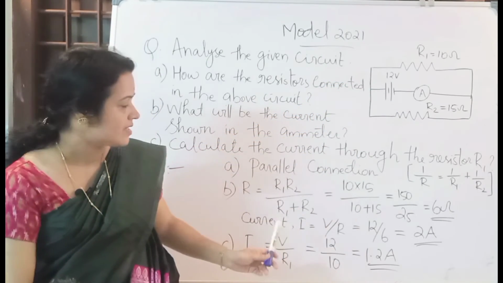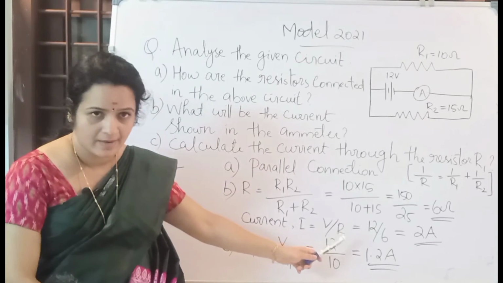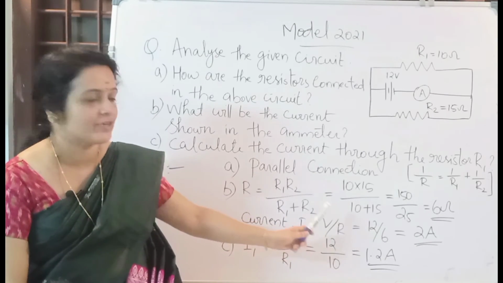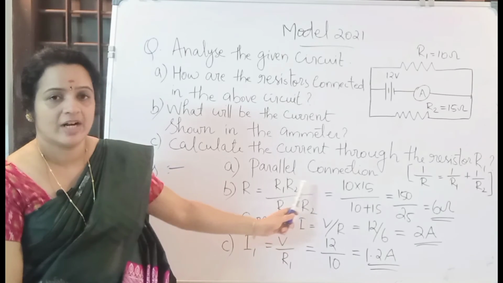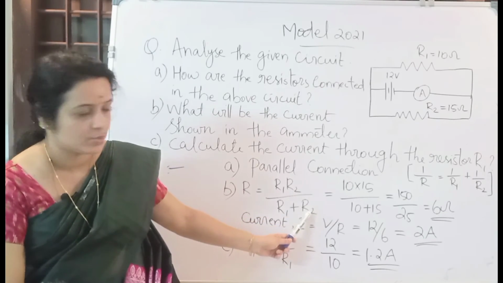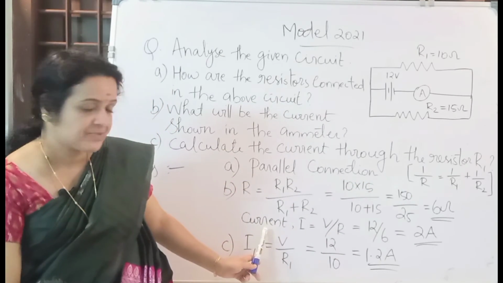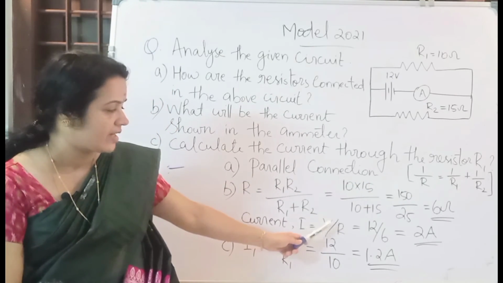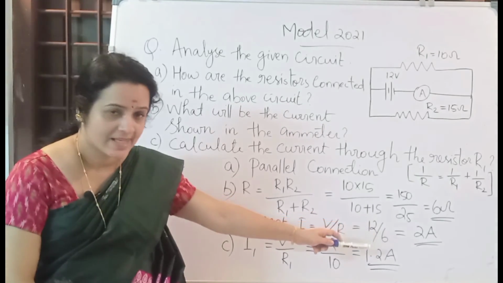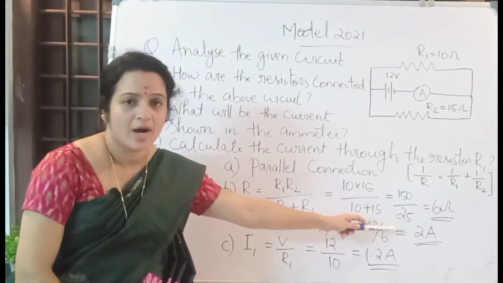So how will we find it? I is equal to V by R. For that we found the effective resistance, R1 R2 by R1 plus R2, which is 6 ohm. Then we substitute the values of V and R, that is 12 by 6, so that was 2 ampere.